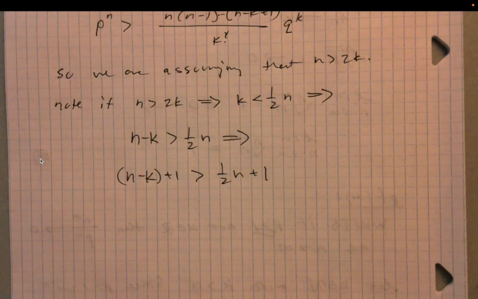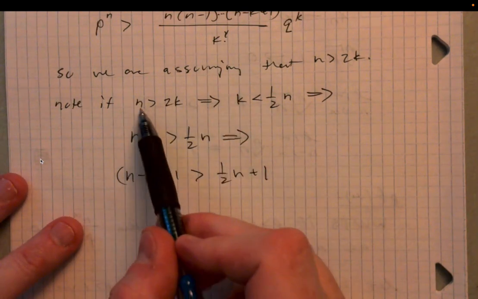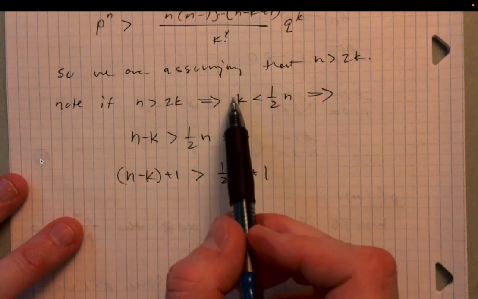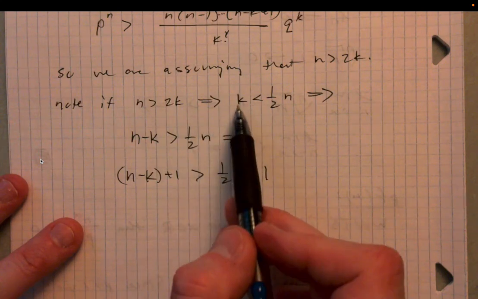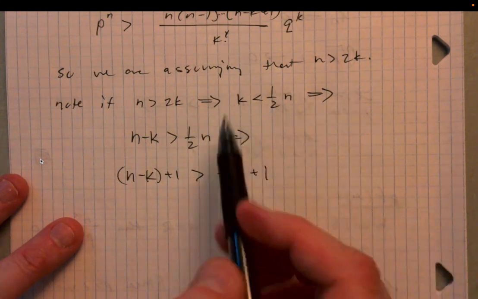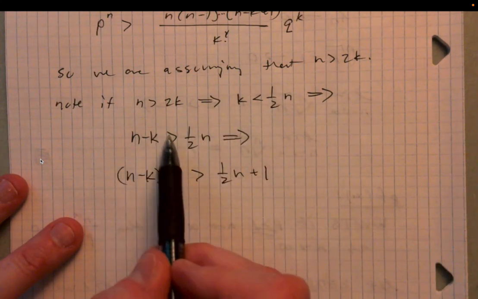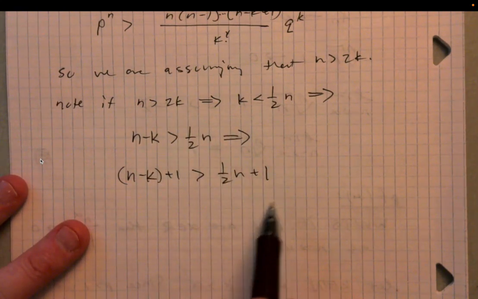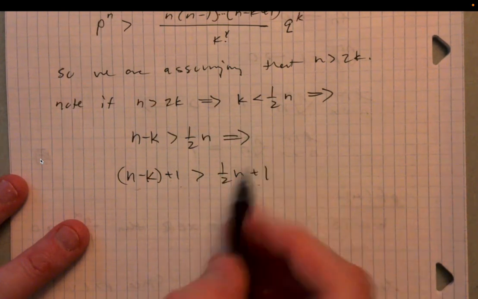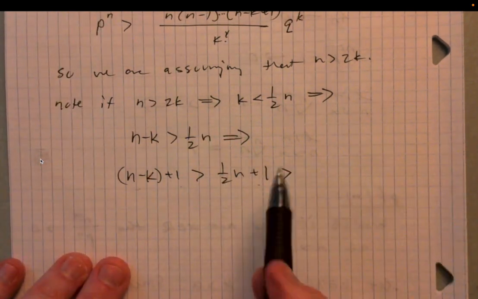Okay, so again, where's this going? I get that, but the assumption here is that n is greater than 2k, and remember we chose k at the onset. So n is greater than 2k, and that means k is less than 1/2 of an n, and so n minus k is greater than 1/2 n, and n minus k plus 1 is greater than 1/2 n plus 1. Again, just adding 1 to both sides. And then here's where we get this nice little setup.